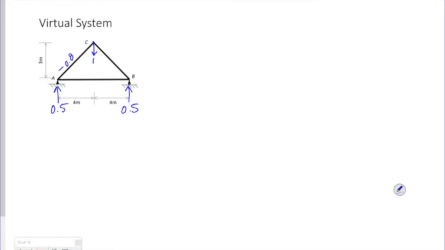Negative 0.833, negative 0.833, positive 0.667. It's symmetric. You applied a symmetric load, so you got symmetric forces and symmetric reactions. If you need to solve that on your own again to get those numbers, please do.